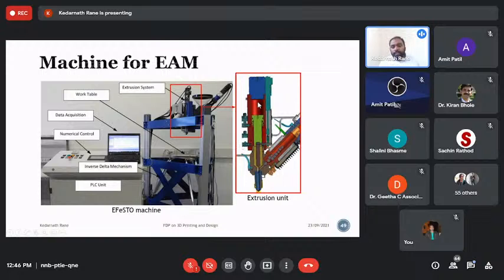You can see there are some machine elements inside the extrusion system itself. It is a bit complicated. I'm not going to cover the system, but these spherical metallic balls ensure the feedstock is molten and homogenized before the melting and extrusion itself.